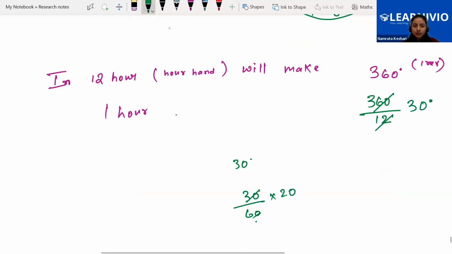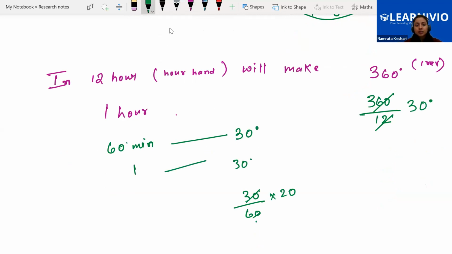So we can write it. 1 hour means 60 minutes. In 60 minutes, it will make 30 degree. So in 1 minute, it will make 30 by 60. And in 20 minutes, it will make 30 by 60 into 20.